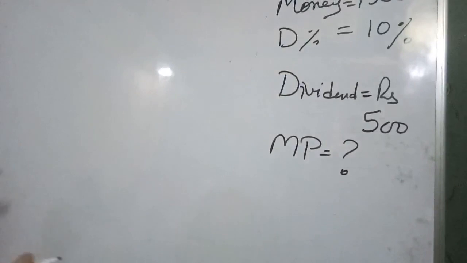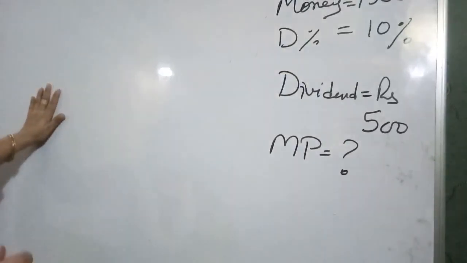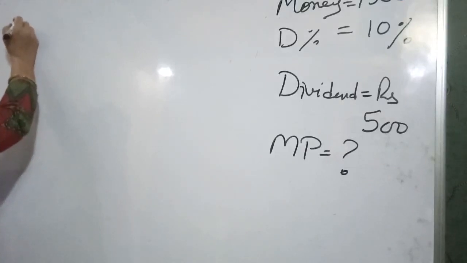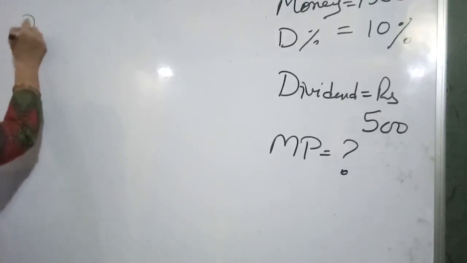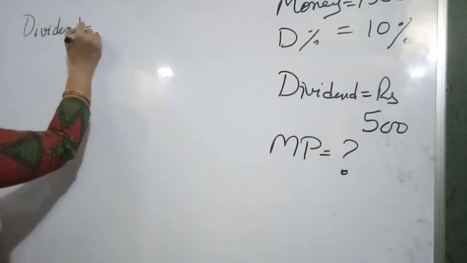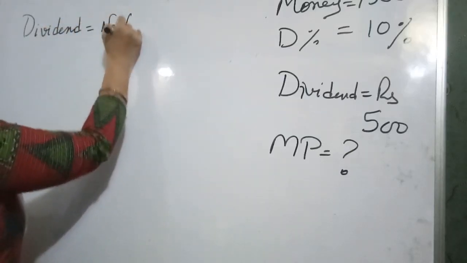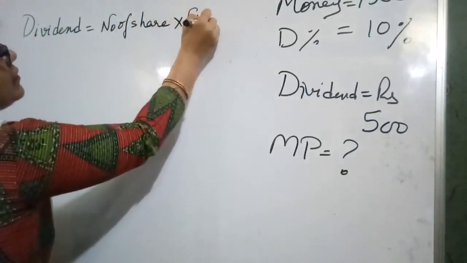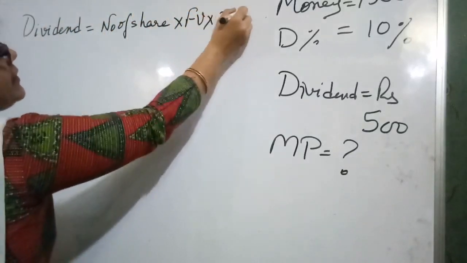Now, as I have done in previous questions, firstly find out the formula. We just write the formula: dividend received is equal to number of shares into face value into dividend percent.